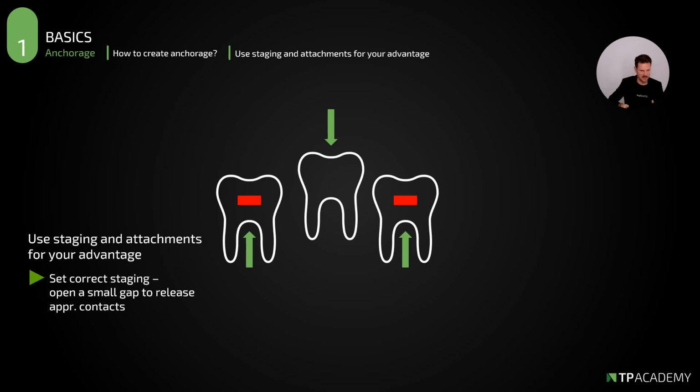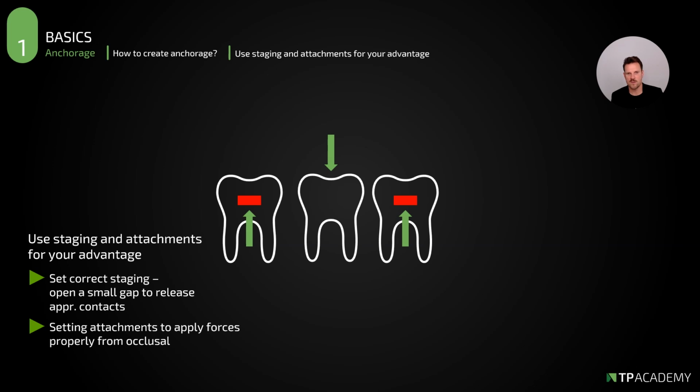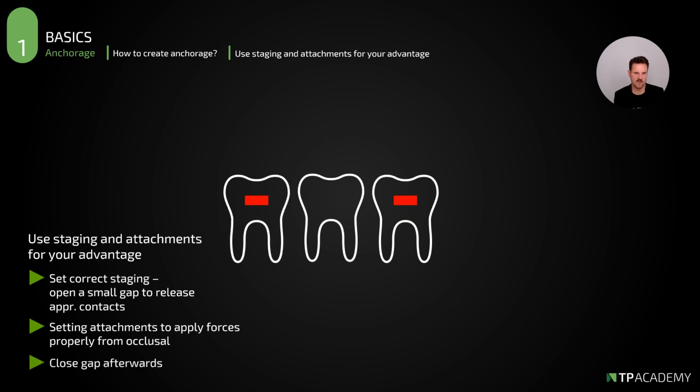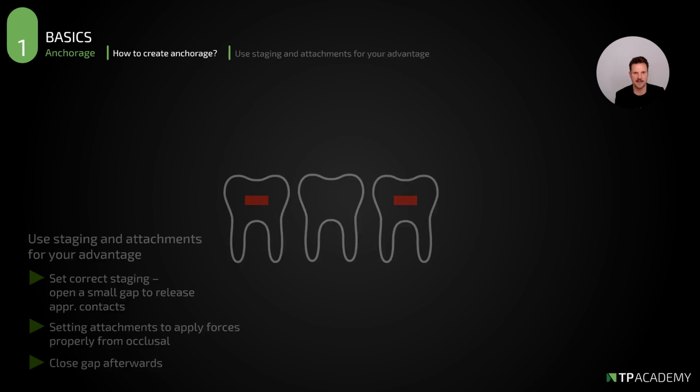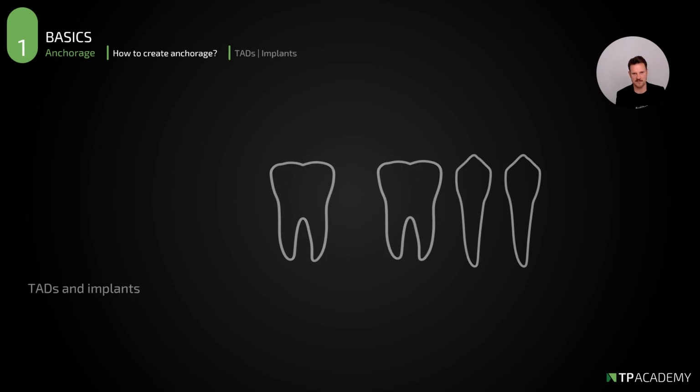I need to do IPR clinically. I have a lot of problems. So if I do this step by step, if I open the gap before, I open the contact and then I do the movement, everything will be much easier. So setting attachments to apply forces properly from occlusal, and then at the end you need to close the gaps.